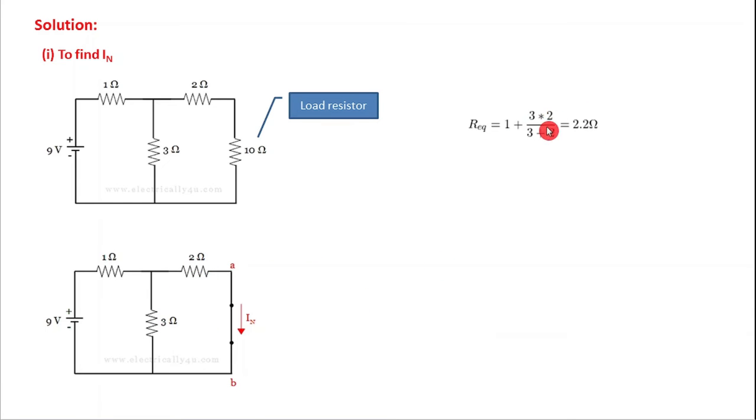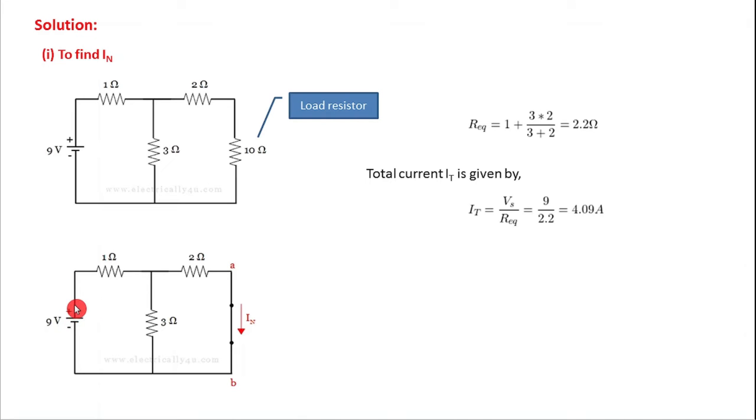So 3 into 2 divided by 3 plus 2 gives the equivalent resistance. So once the equivalent resistance is known, we already know the voltage. So by Ohm's law, we can find out the total current. I is equal to V by R. V is 9 volts and R is 2.2 ohms, which gives the total current as 4.09 ampere. So now we have found the total current flowing from the supply.